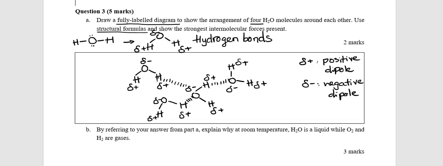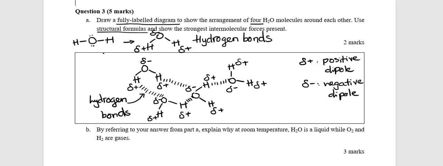So each hydrogen atom can only form 1 bond. So you do need another hydrogen atom to form the hydrogen bond with this oxygen. You don't need to show all of them, as I've just mentioned, just some. And you definitely want to label them hydrogen bond. Okay, so this is what it's supposed to look like.